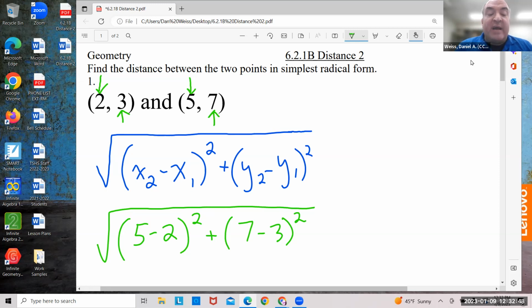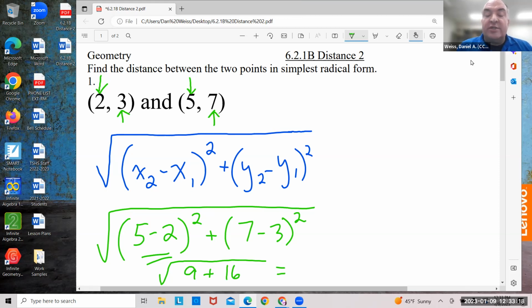Okay, so 5 minus 2, for example, this 5 minus 2 is 3. If you do 2 minus 5, it's negative 3. Either way, 3 times 3 is 9. And negative 3 times negative 3 is also 9. So you're going to have 9 plus 7 minus 3 is 4. 4 squared is 16.